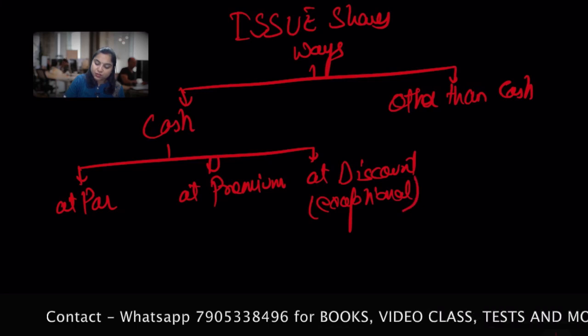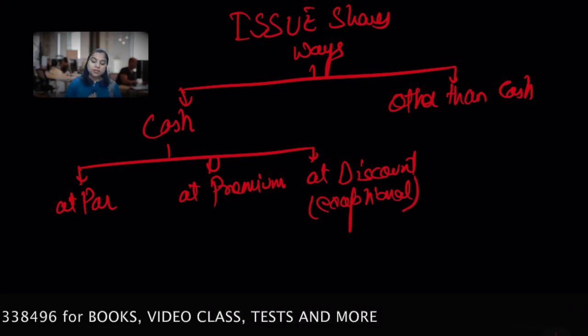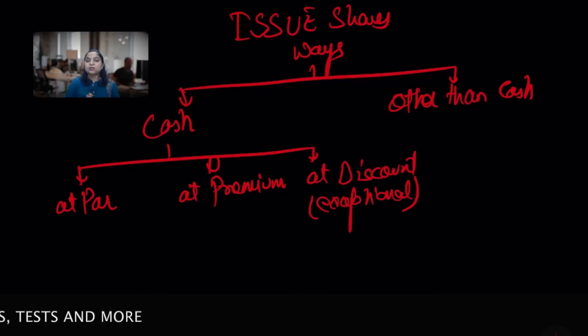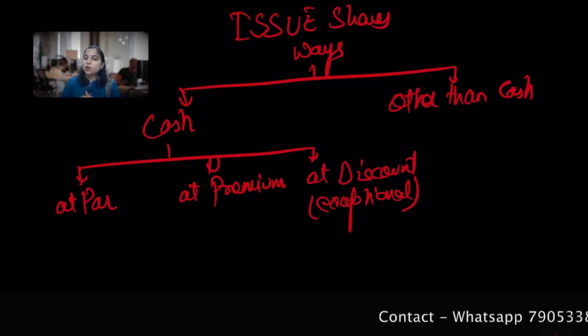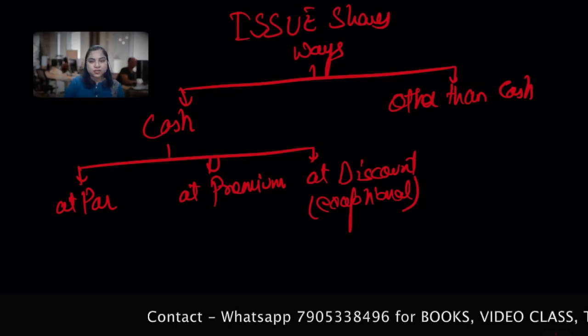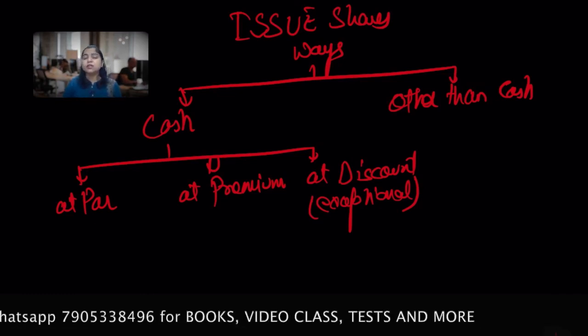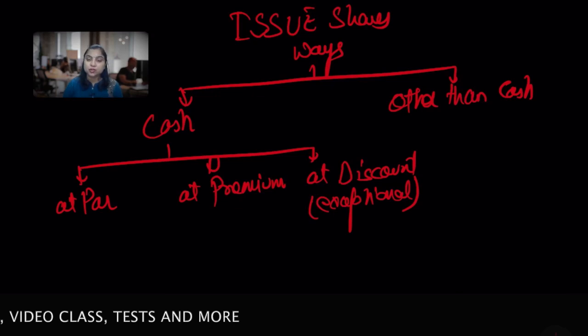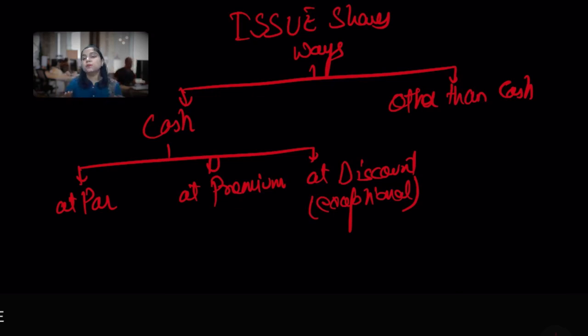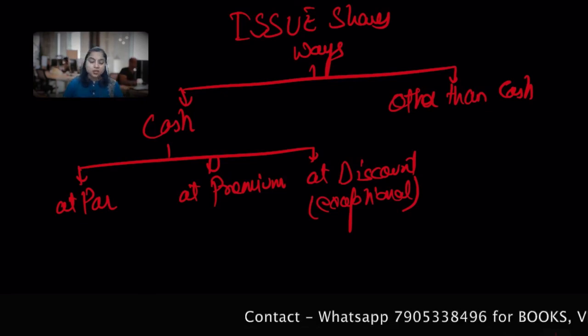Why do I mention this? Because there is a change in the Companies Act, and we'll discuss it while discussing discount and premium. Earlier, issuing shares at discount was allowed, but now it is restricted, and only in very extreme cases can a company issue shares at discount. Otherwise, the general rule is no, a company is not allowed to issue shares at discount.